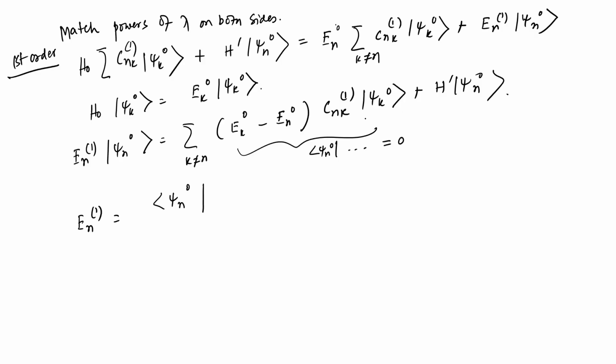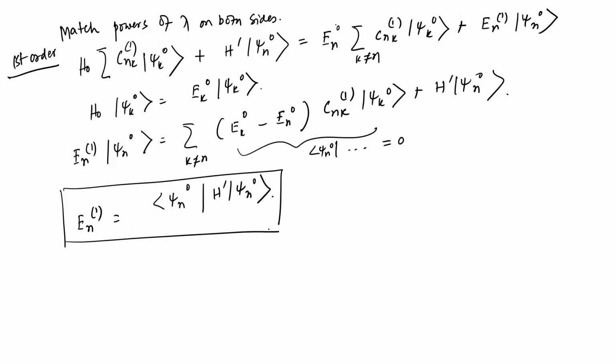So, that eliminates the first term on the right hand side, and you are left with this, and even though the calculation seems a little messy, what you get is that the first order correction to energy is nothing but the expectation value of the perturbation term that you have started with.